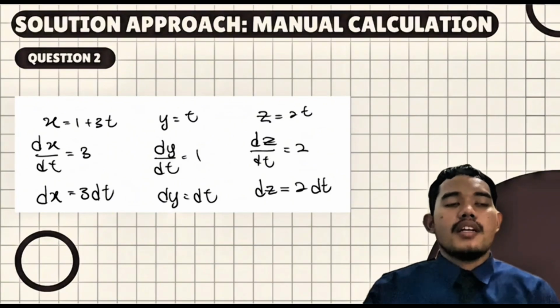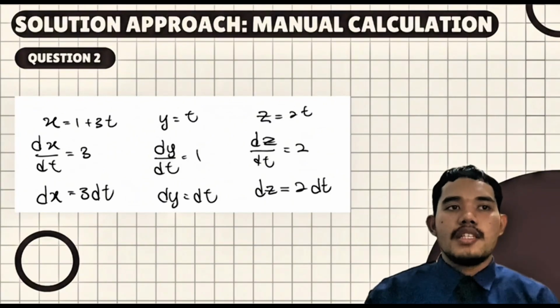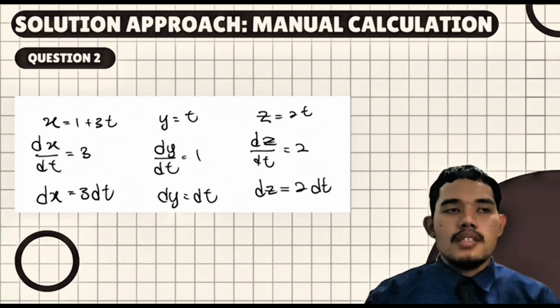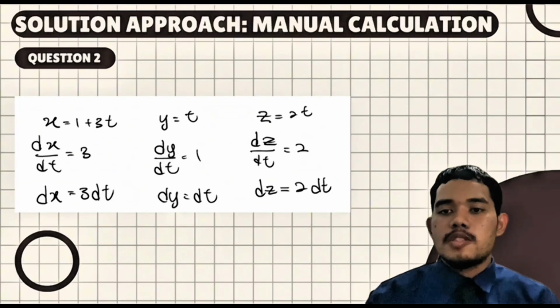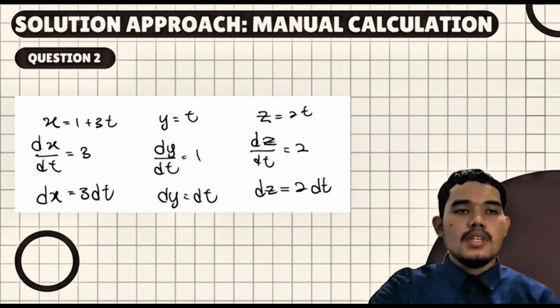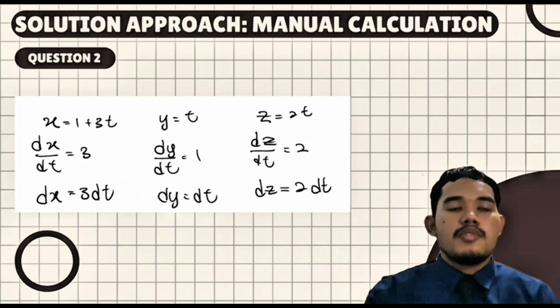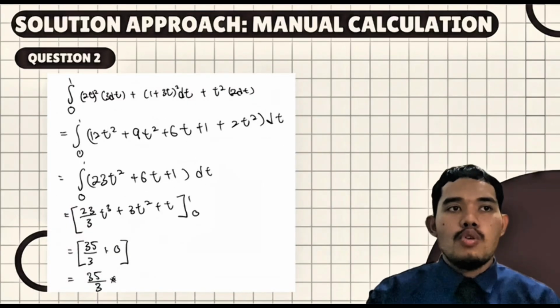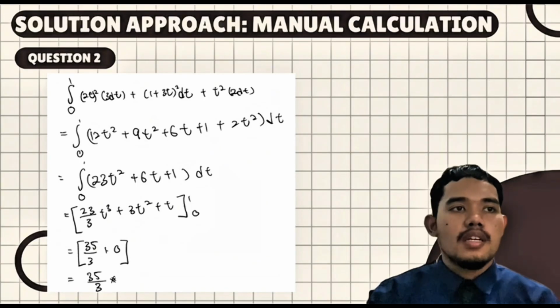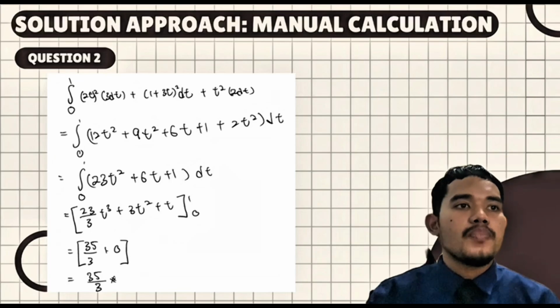Next, we will let x equal to 1 plus 3t, y equal to t, z equal to 2t. From that, we will differentiate each term with respect to t in order to get dx, dy, and also dz. From that, we will substitute the x, y, and z values into the given integral from the question.